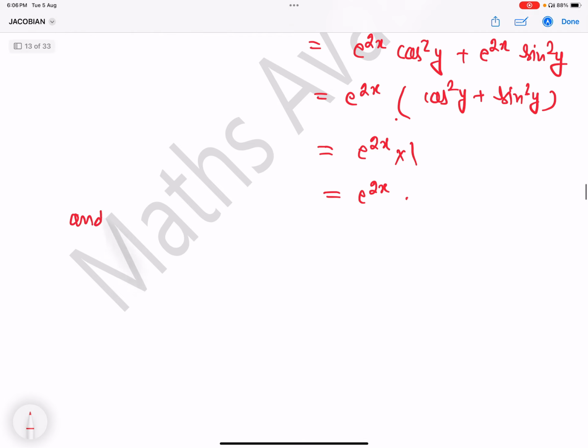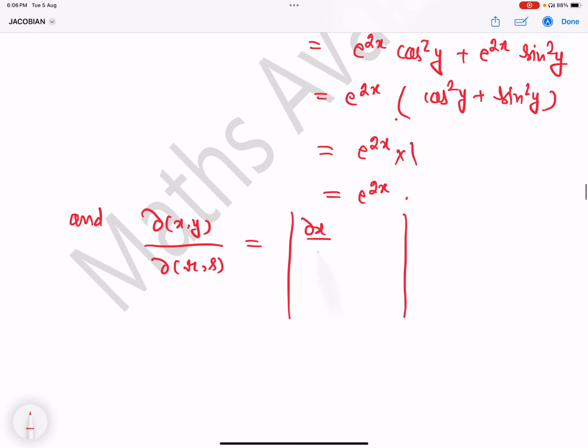And the Jacobian of x, y with respect to r and s, what is that? ∂x/∂r, ∂x/∂s, ∂y/∂r, ∂y/∂s. So what is that? The partial derivative of x with respect to r is l. With respect to s, it is m.